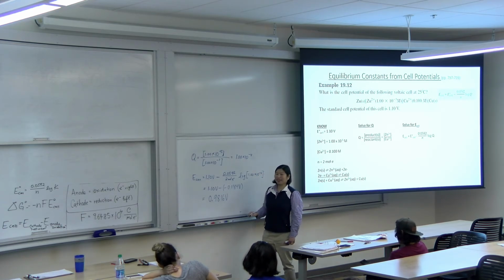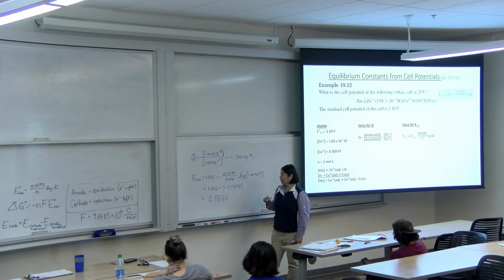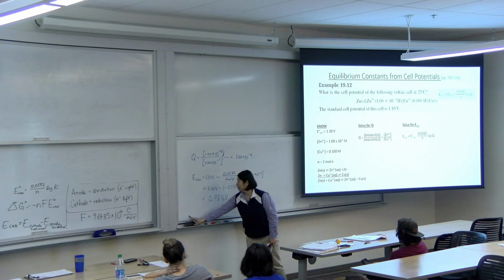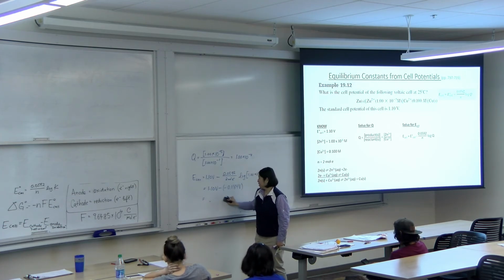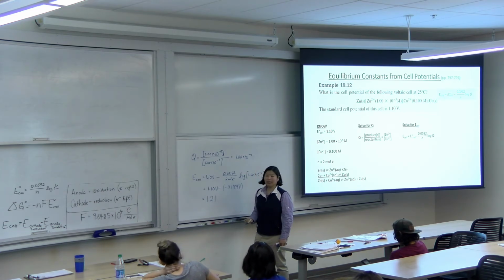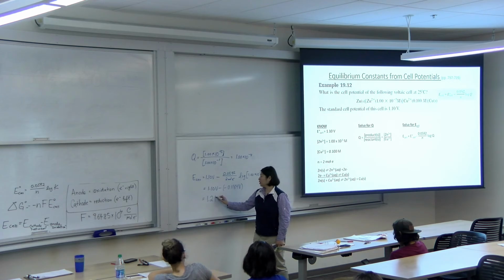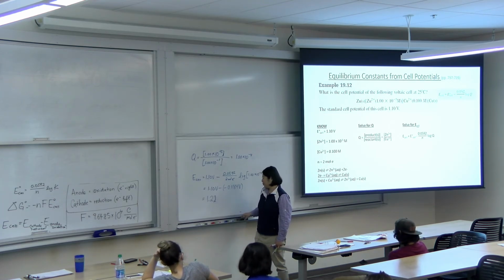No, we'll just leave it. I think it would be 1.2. Let's just call it 2, 2. Round it to 3 sig figs.